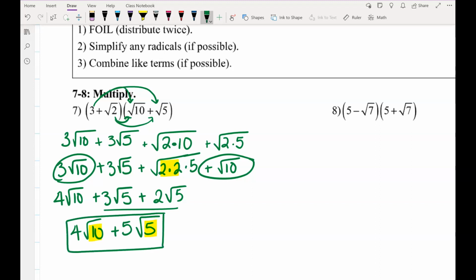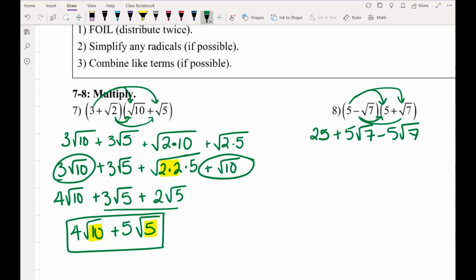All right, number 8, 5 times 5, 25. 5 times square root of 7 is 5 square root of 7. Negative rad 7 times 5 is negative 5 rad 7.